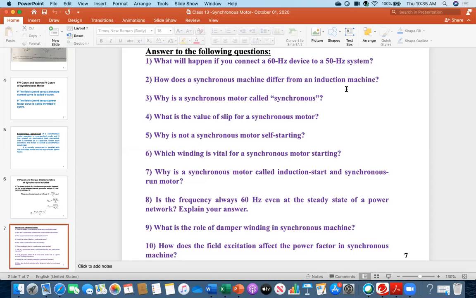For the last 3-4 classes we have been discussing the synchronous machine, motor and generator, and several classes back we discussed the induction motor and induction generator. So what is the difference? How would you answer this question? Alexandria, can you mention one point?